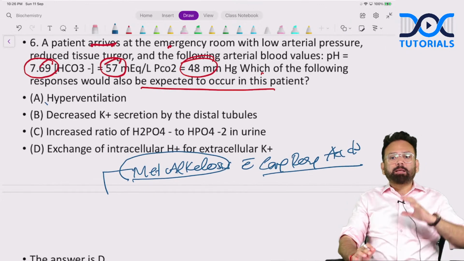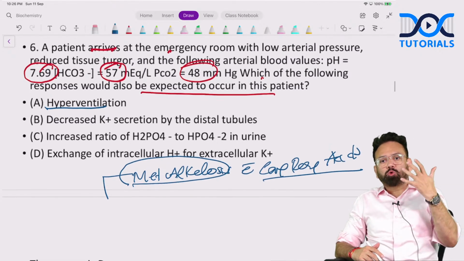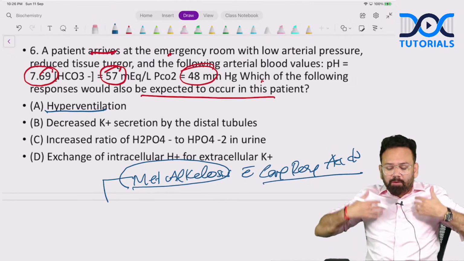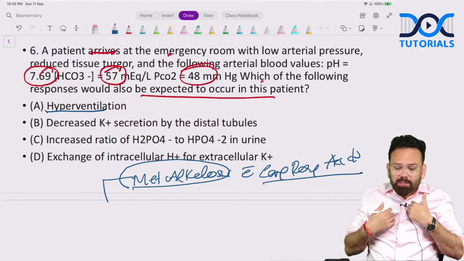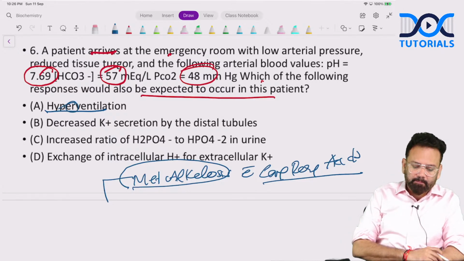If there is compensatory respiratory acidosis, are you hyperventilating or hypoventilating? Carbon dioxide retention is there, so hypoventilating.